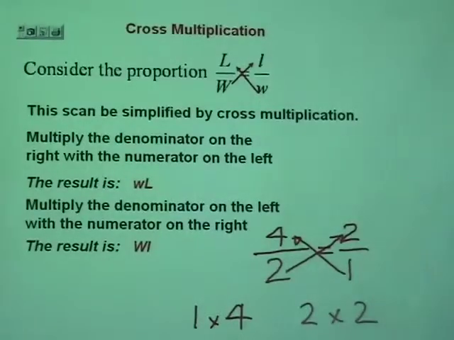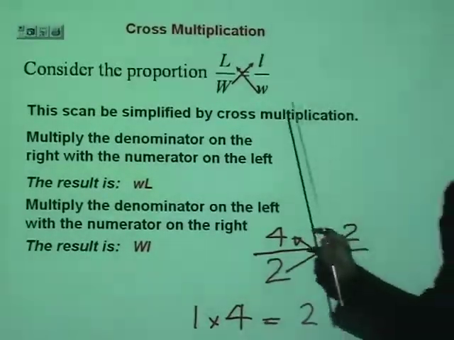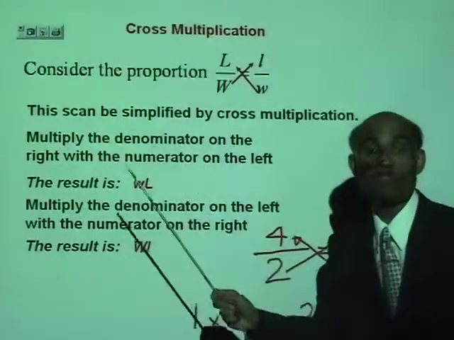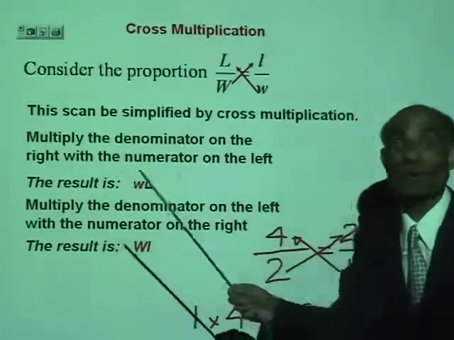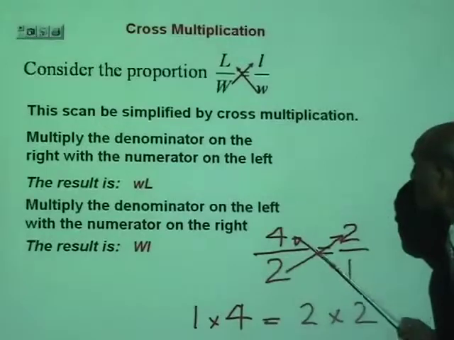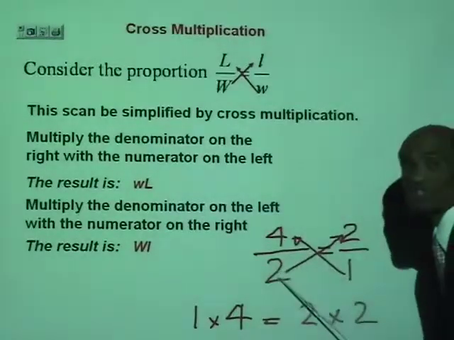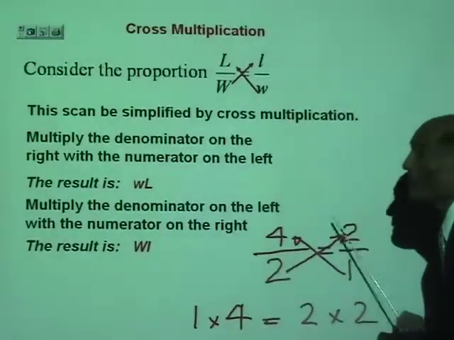Now, this is always true for a proportion. So, for a proportion, the cross products are always equal. You see, 1 multiplied by 4 is the same as 2 multiplied by 2.